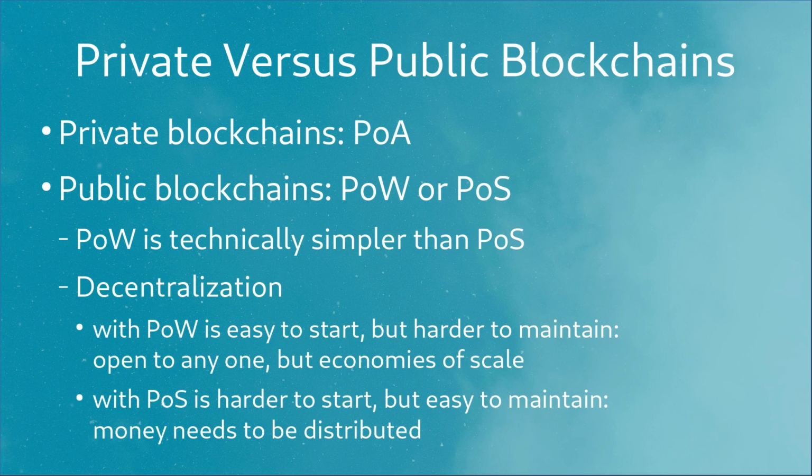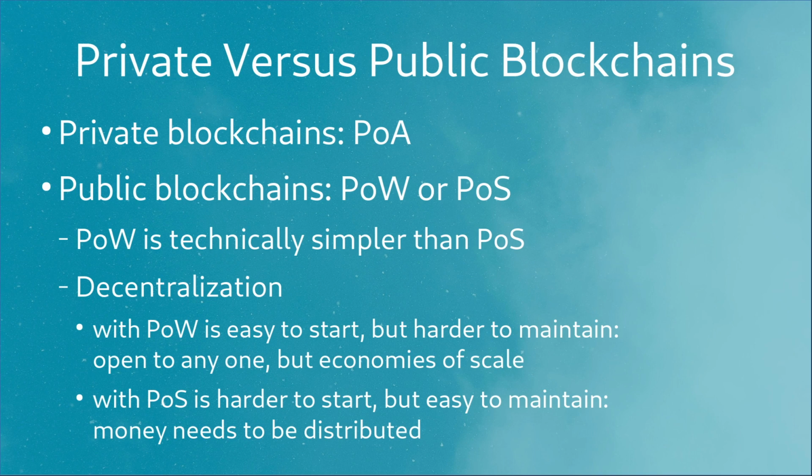A proof of authority consensus mechanism is not suited for a public blockchain because it has limited decentralization, and therefore it can be subverted, it can be more easily manipulated than a blockchain with a proof of work or proof of stake consensus mechanism.